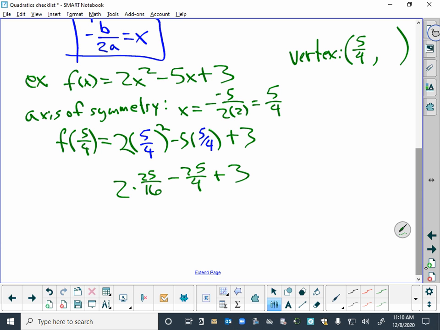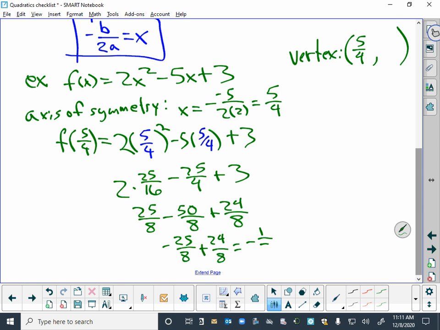Looks like 16ths, or I can multiply here. This is 25 over 8 minus 50 over 8, if I find the common denominator, and then plus 24 over 8. So that's minus 25 over 8 plus 24 over 8. Looks like a negative 1/8 is the y-coordinate of my vertex.